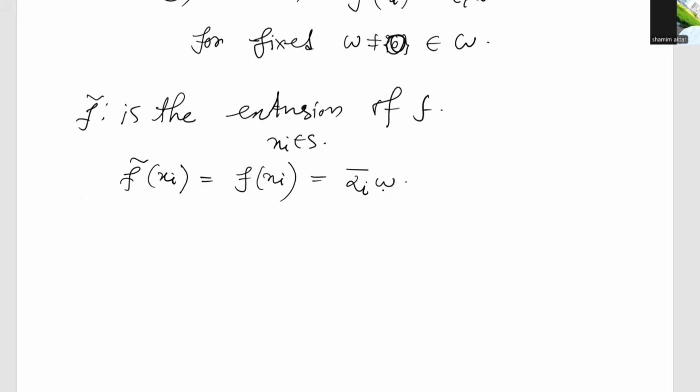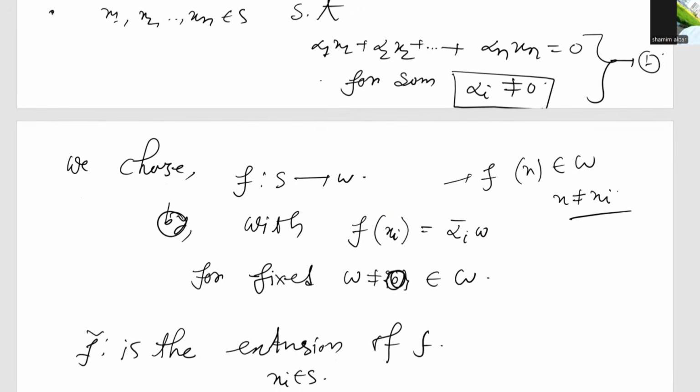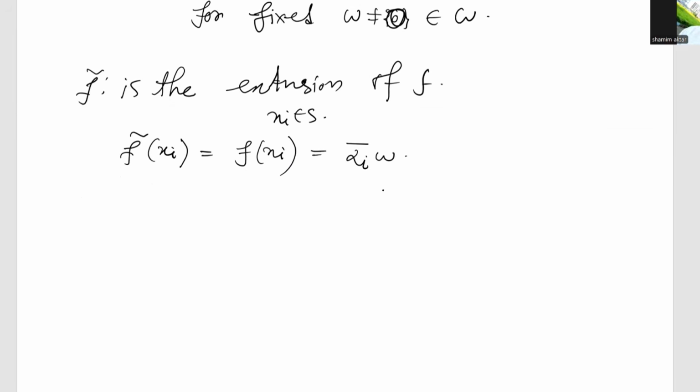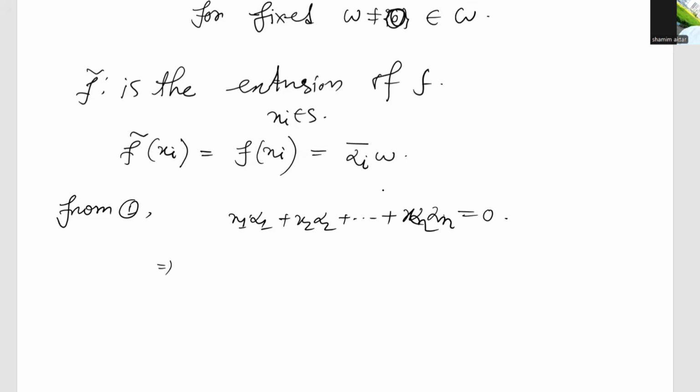So now from 1, x1 alpha 1 plus x2 alpha 2 plus ... plus xn alpha n equals 0. Now applying the linear operator f tilde on both sides, f tilde of (x1 alpha 1 plus ... plus xn alpha n) equals 0.